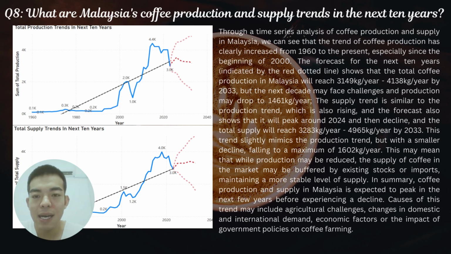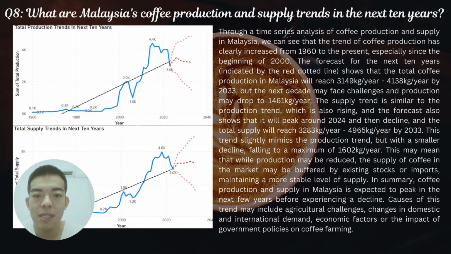What are Malaysia's coffee production and supply trends in the next 10 years? Through a time series analysis of coffee production and supply in Malaysia, our analysis shows a significant upward trend in production, with expected levels reaching between 3,149 and 4,138 kg per year by 2033.